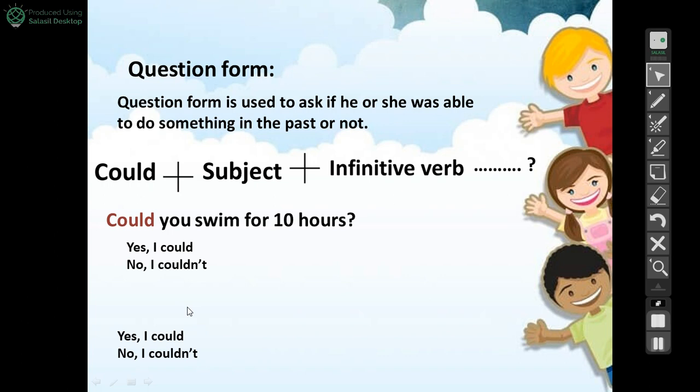Another example. Could you speak when you were young? Okay, here the answer, yes, I could, or no, I couldn't. هنا نسأل فيما إذا كان يستطيع التحدث عندما كان صغيرا أم لا. And the answer is yes, I could, or no, I couldn't.